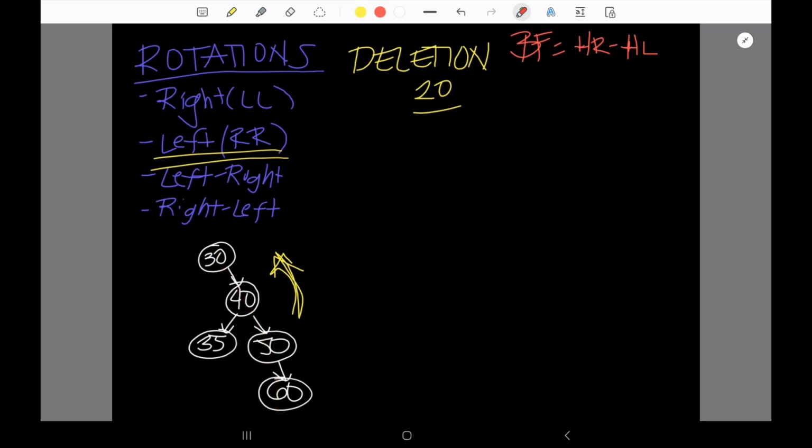So if we rotate it to the left, 30 now becomes the child of 40. So 40 now is the new root.